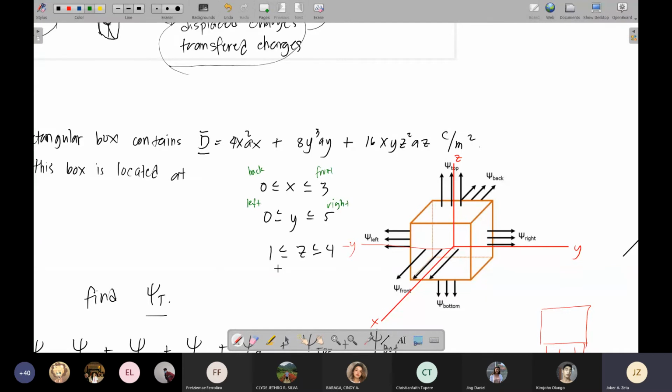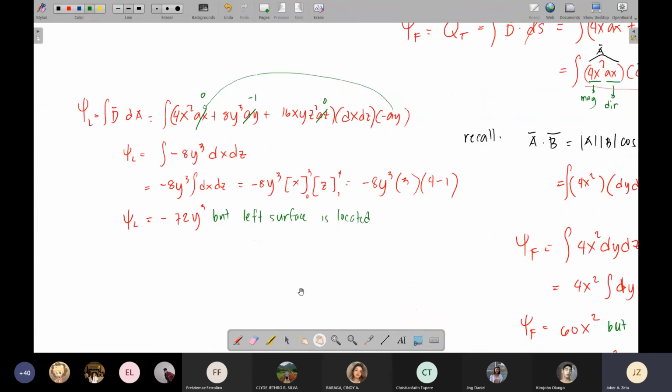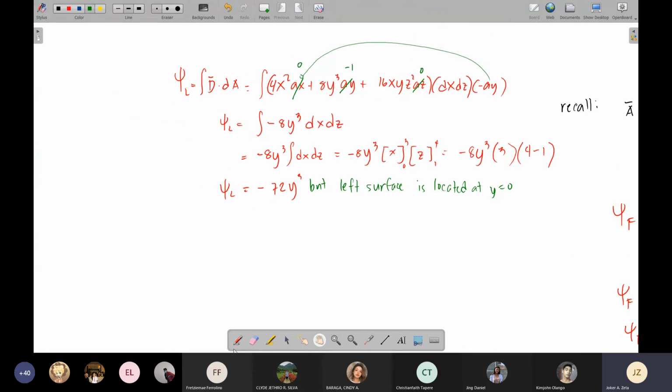In z, this will be the bottom and this will be the top. Okay? So the left surface is located at y equals 0. Okay, so the flux at the left is equal to 0 coulomb.